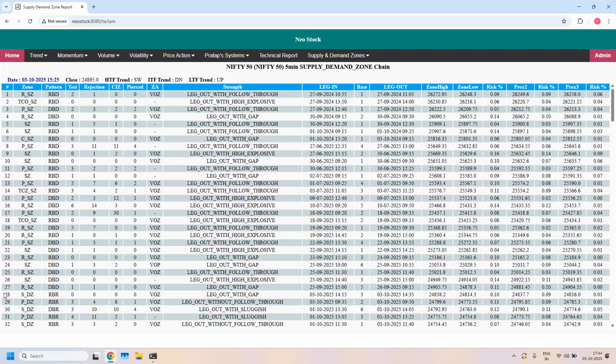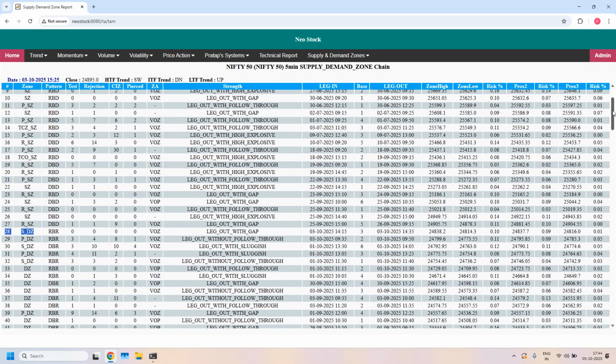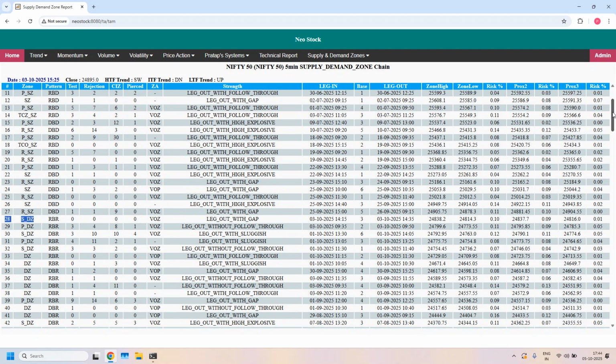The nearest demand zone for the current closing price is serial number 28. I will put it in the middle of the page so that you can find equal number of demand and supply zones. Okay, this is a Nifty supply demand zone chain generation for all the time frames.